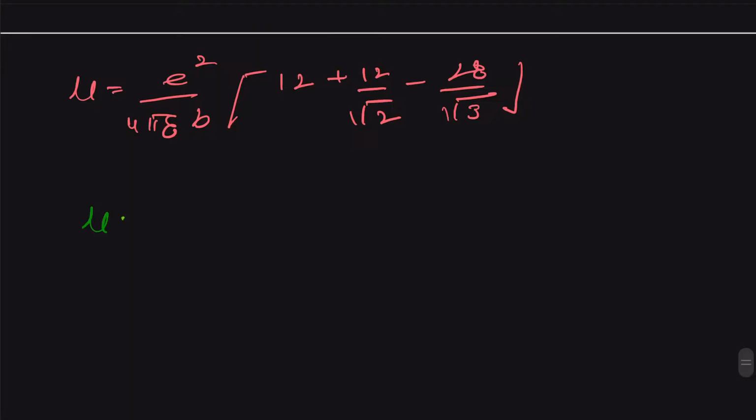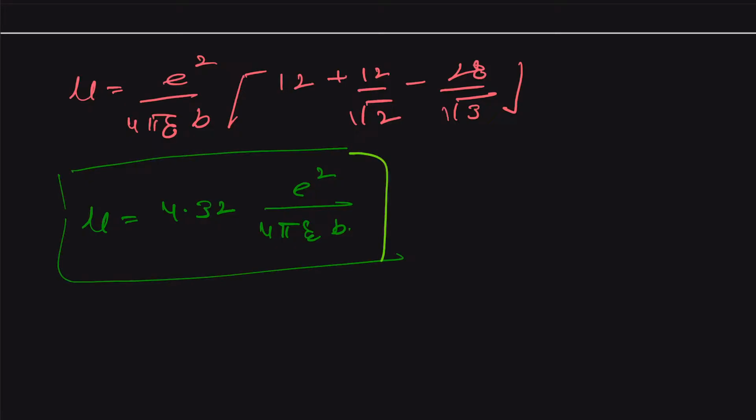So we can say U is equal to approximately 4.32 e square upon 4 pi epsilon naught times B. So this is the total electrostatic potential energy that will be associated with the cube when the central atom is positive, that is plus 2e, and each vertex corner is having a charge of electron.